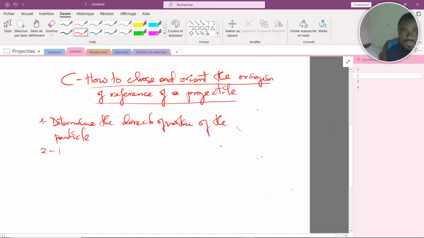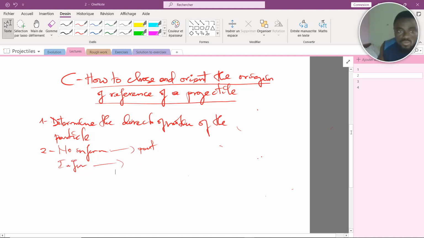If no information is given, then you should take what? The point where the particle starts the motion as the origin of reference. If information is given, then take that information as the point of origin of reference. Is that okay? So take note of that.